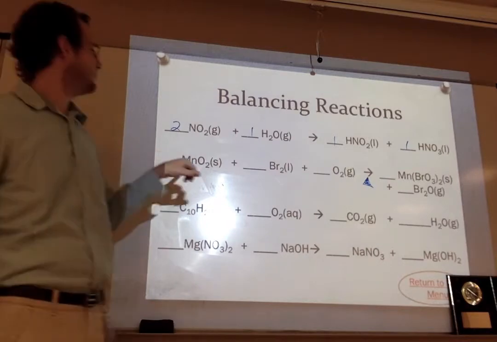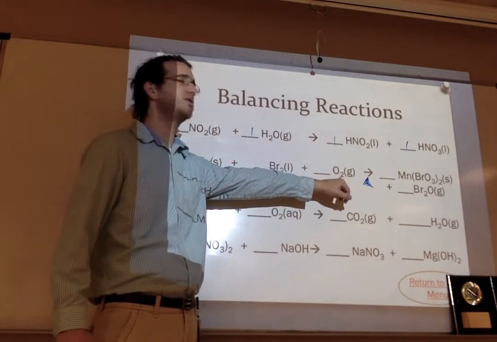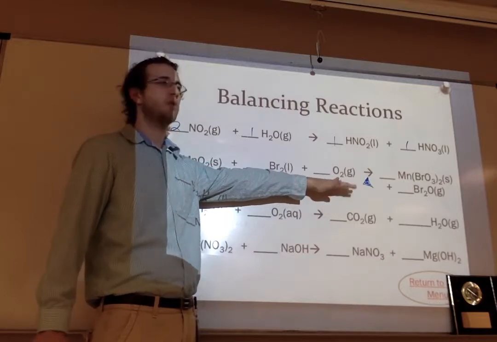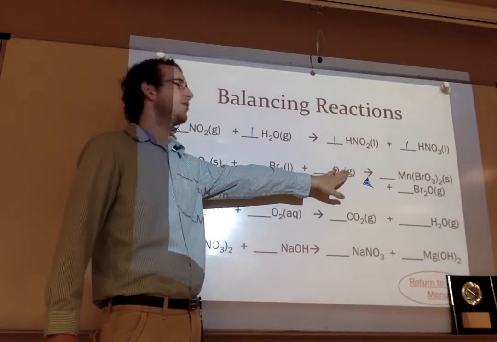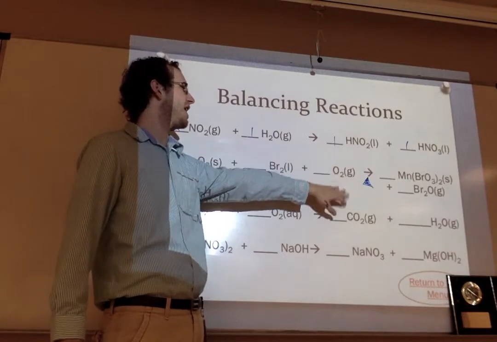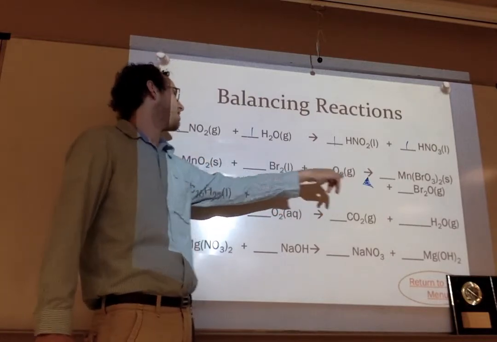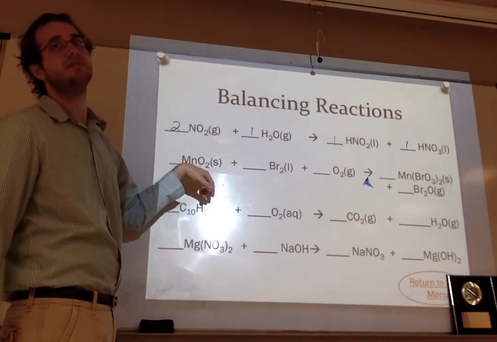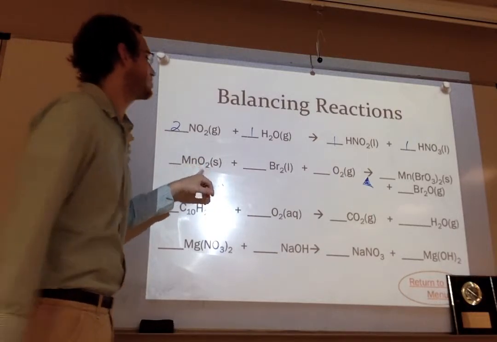Let's come back to that oxygen. We're going to be able to pick up the oxygen using this lone oxygen here. Another good tip when you're balancing these reactions, always leave that lone element by itself until the end, because if you change its coefficient, you don't change anything else. If we put like a 3 here, that would change the oxygen and the manganese. So it's kind of one of those tips or tricks you can use.